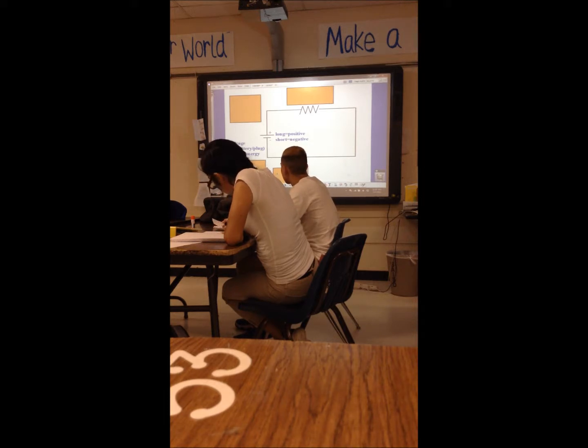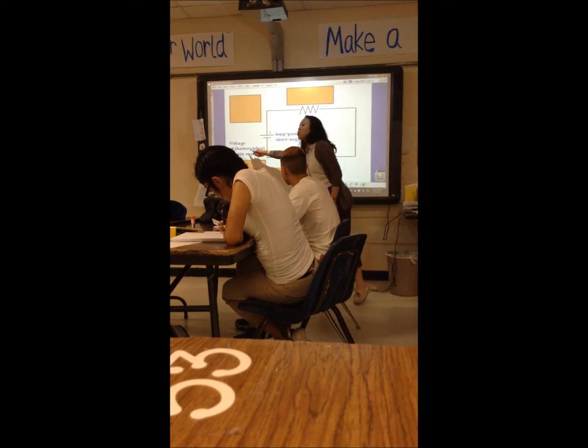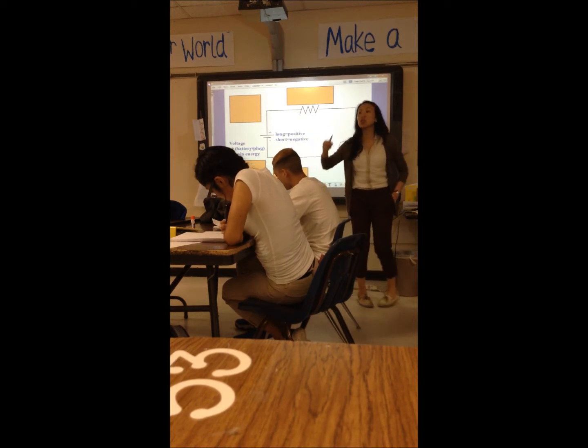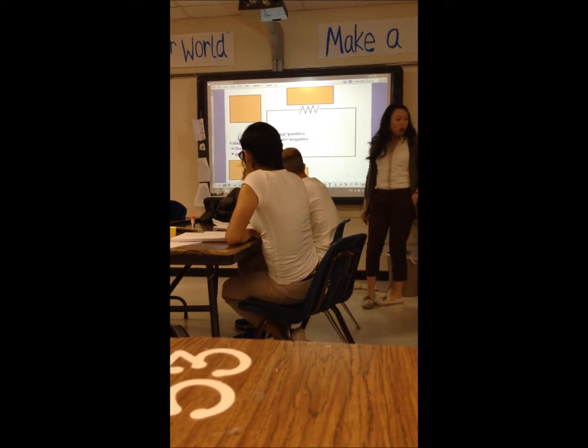Batteries, all right? So voltage, when you have a battery, that's actually where you're getting your voltage. You guys got 10 chips, so that's where you gained your energy. And that is what allowed your circuit to begin, all right?